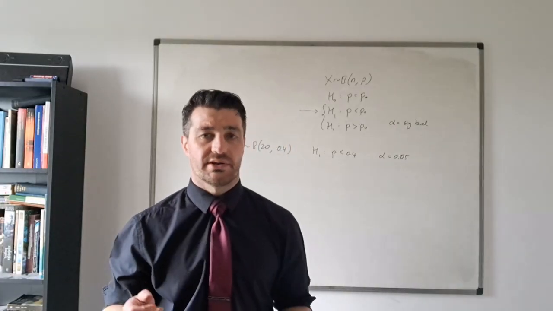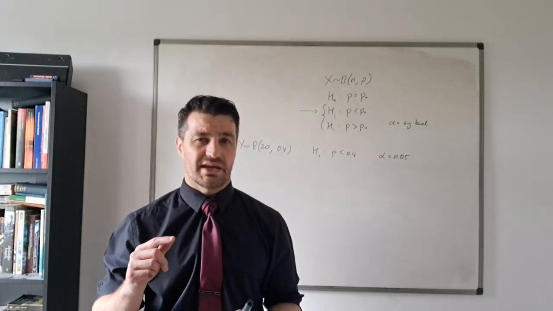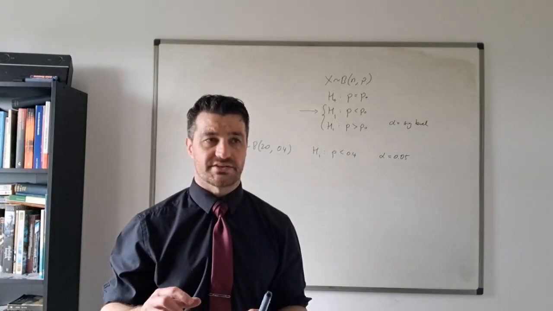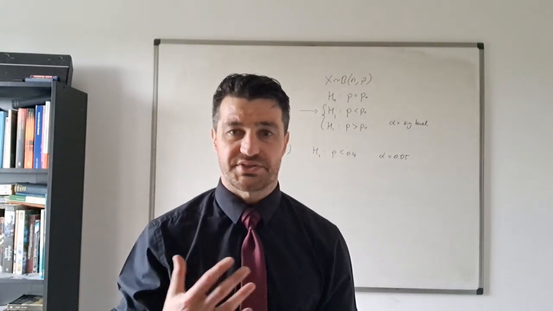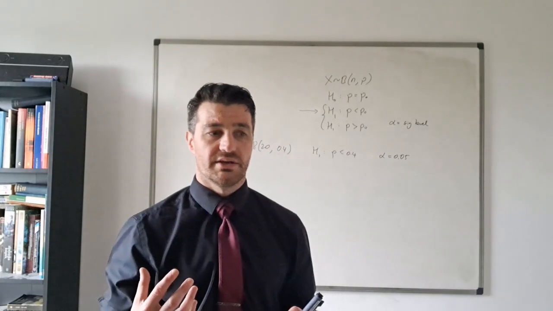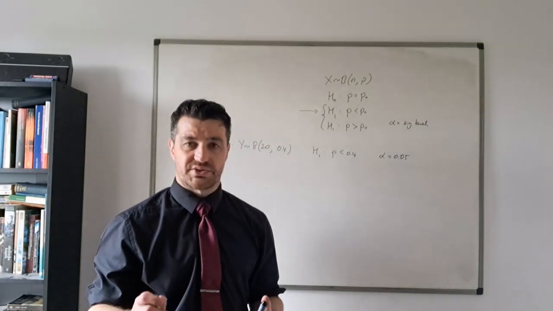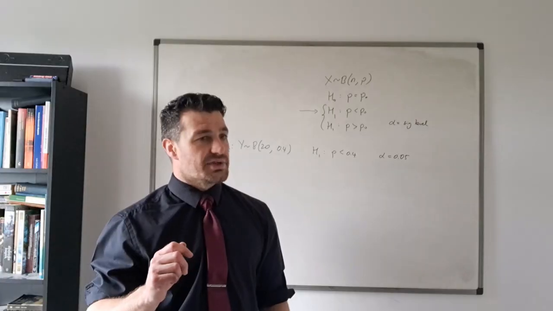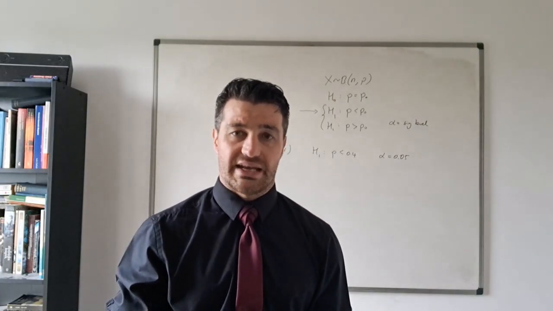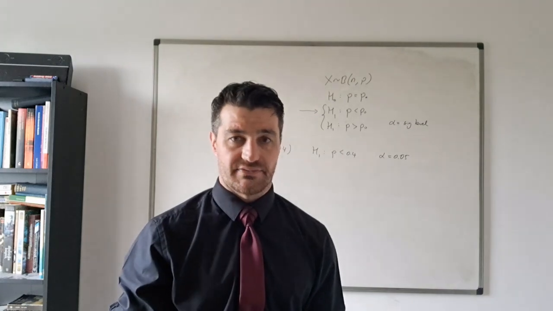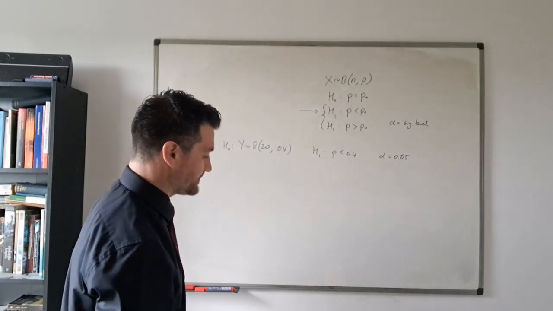But as I'm flipping the coin, I realize that I seem to be getting fewer heads than I would expect. This is just a personal, subjective feeling, but it's something that I've noted. So what I suspect is that the probability of getting a head is less than a half.